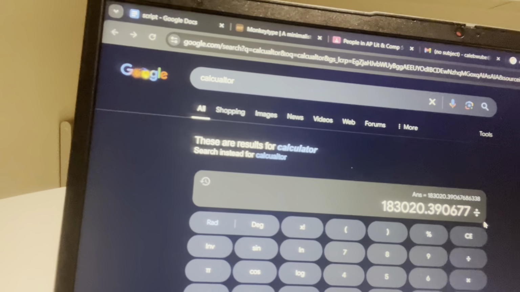So the number we got was 183,020 for the top of the inside of the fraction, or of the inside of the square root. Sorry. So 183,020, and that's going to be divided by 2510, which is the mass.